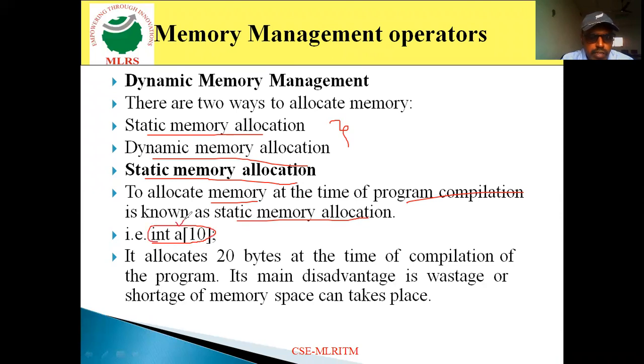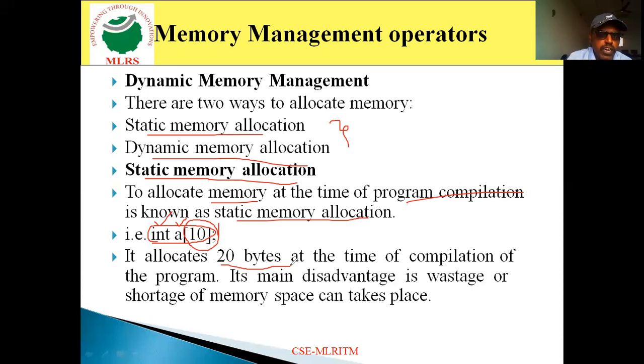Here I am specifying a is an array variable, and this variable is going to store a maximum of 10 values, all of integer data type. Integer data type capacity is 2 bytes, so 2 into 10 is 20 bytes. When the program compiles, at the time of compilation, it reserves 20 bytes of memory in the name of variable a. So this type of allocation is static memory allocation.